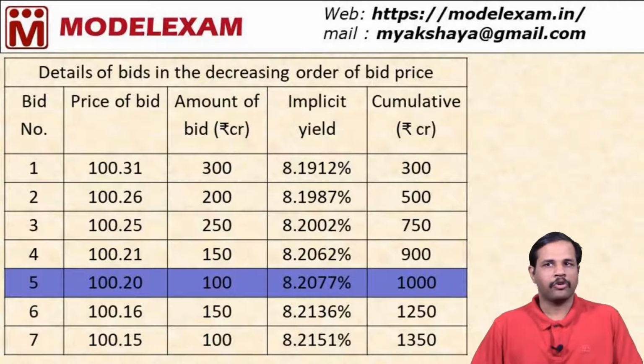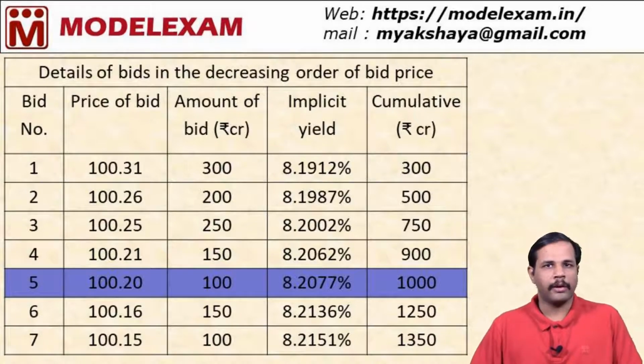And as usual, see the cumulative amount. The first bidder quotes at a price of 100.31, the amount is 300 crore. The second bidder, 200 crore. So the total cumulative amount becomes 500, and so on. See the fifth bidder, he quotes at a price of 100.20 and the amount he has bid for is 100 crore, and at that point the total cumulative amount reaches 1000 crore.